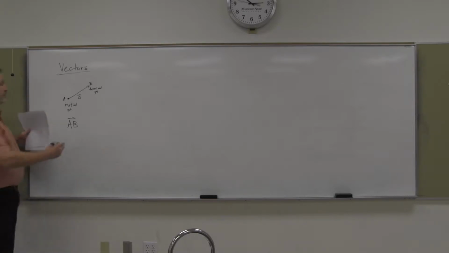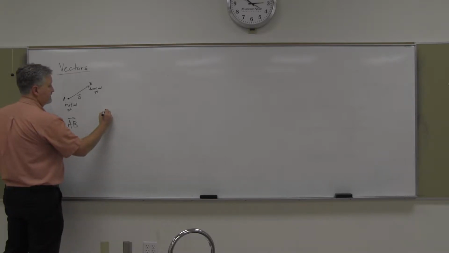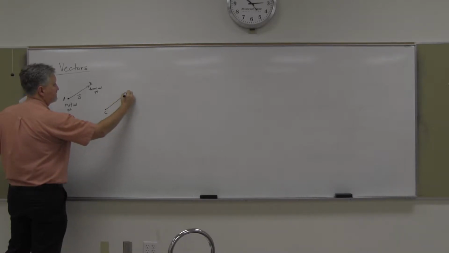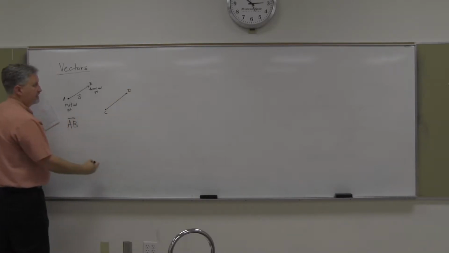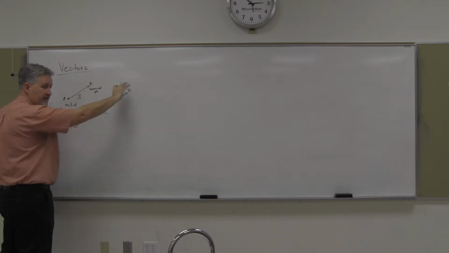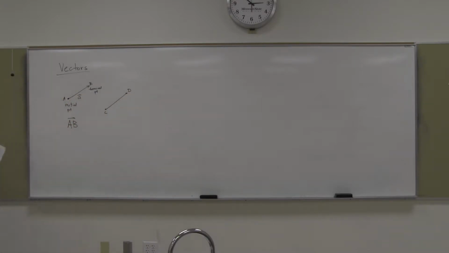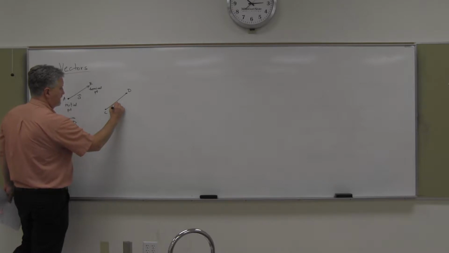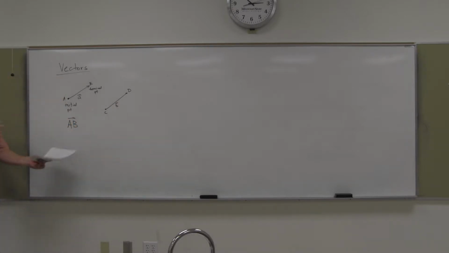If I have another vector, C to D, that's the exact same length and has the exact same angle, those two have the same magnitude and direction. Those two are equal.